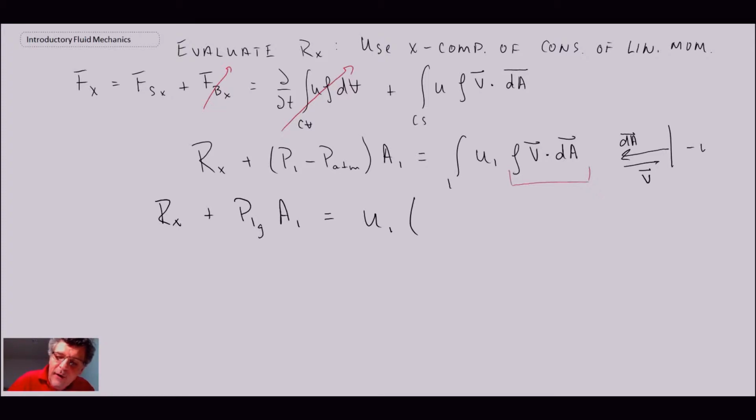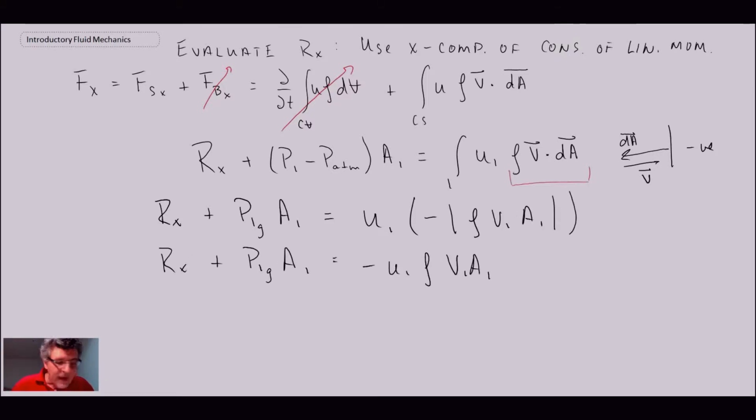So the dot product is going to give us a negative. Now what I've written here for V1, let me expand out V1 as a vector.